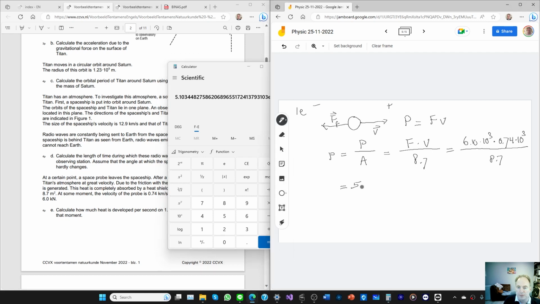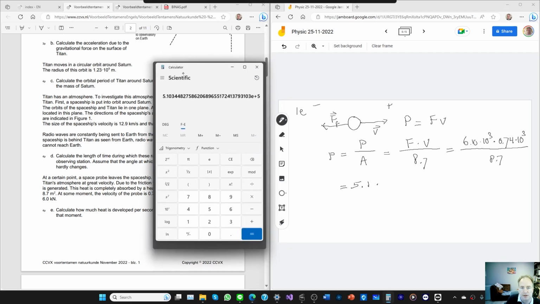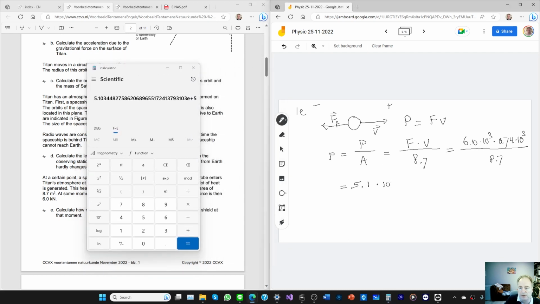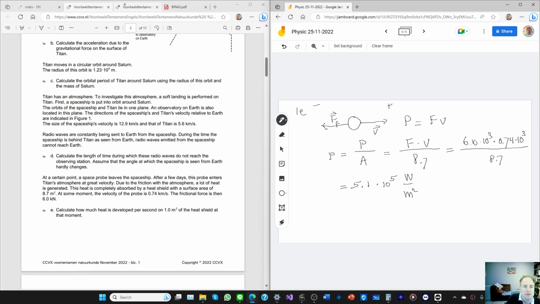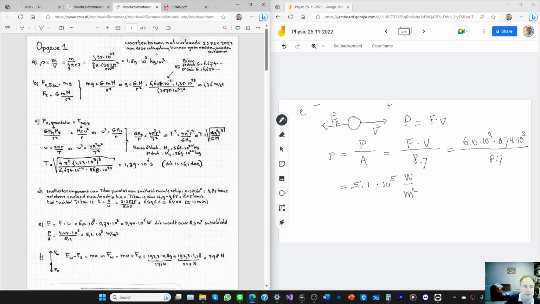And that is 5.1. How many figures shall we keep? 2 figures, since the velocity is given in 2 significant figures. So times 10 to the power 5. So this unit is watt per square meter.